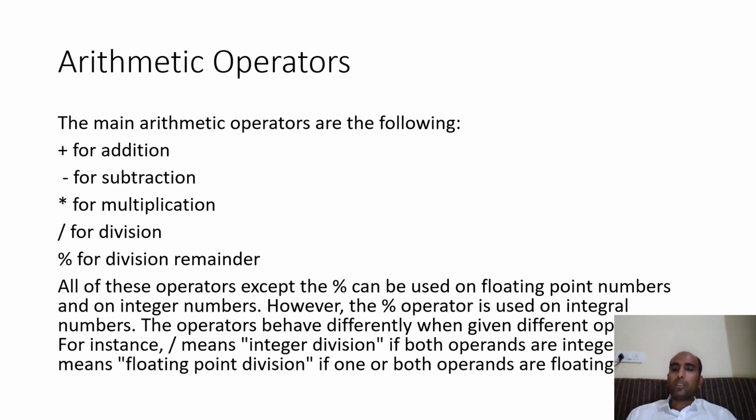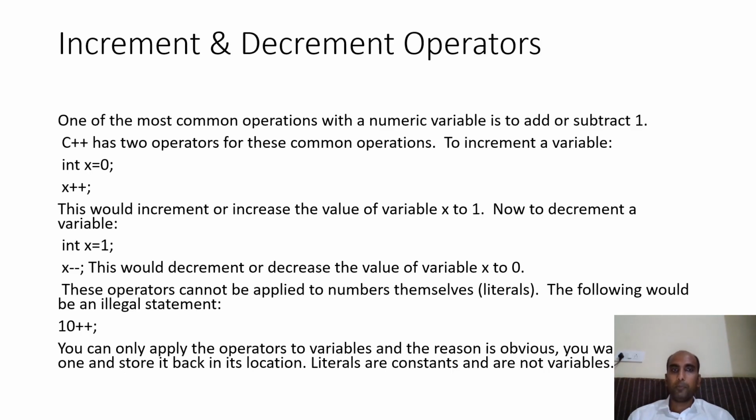Modulus operator returns remainder. So plus, minus, multiplication and division you can apply for integer and float, both the data type. But take care, while you are going to use modulus operator, you cannot apply the modulus operator onto the float data type. So for using the modulus operator, you can only use integer type. You cannot use float data type.